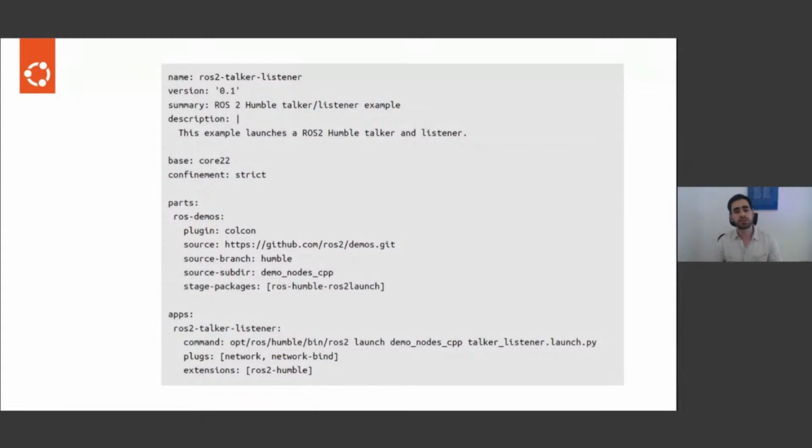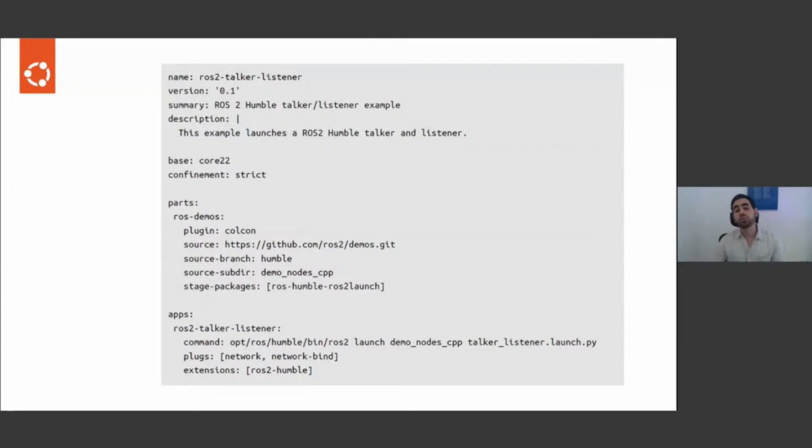In the apps section, the last paragraph, you can see that we are including the plugs, basically what this snap needs to be connected to in terms of interfaces, and it's the network and the network bind. The apps section is where we include the commands and services that we're exposing to our end users.